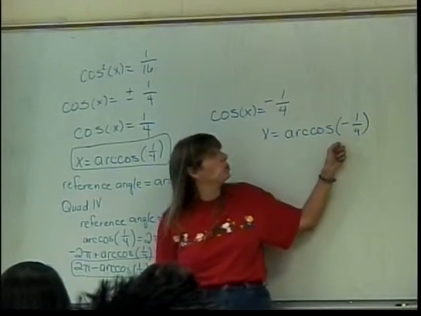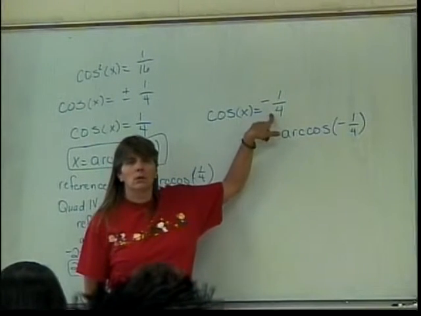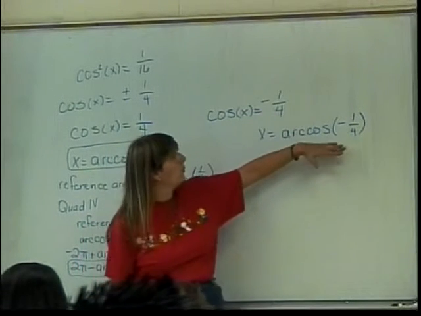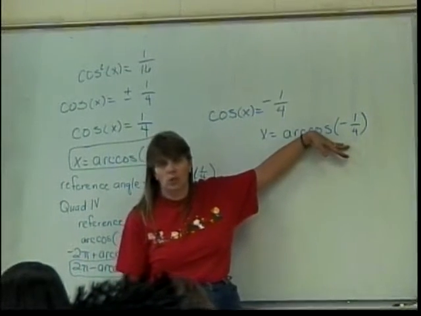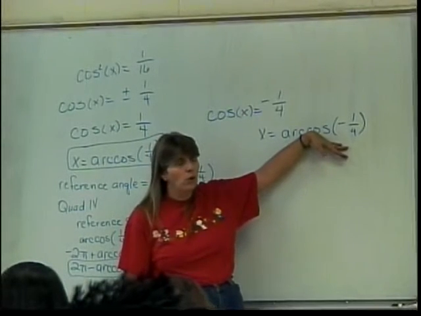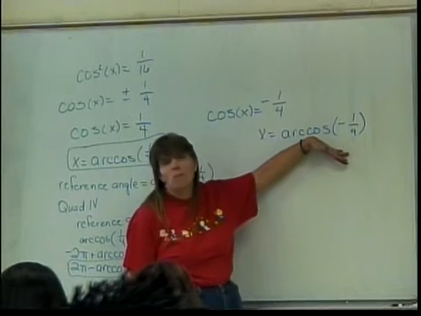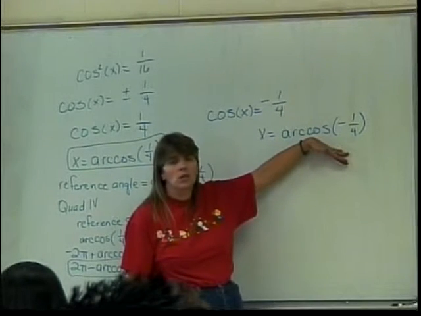Which one will produce cosine values that are negative? That'll be quadrant 2. So that's why we know this angle is in quadrant 2. Whatever its numerical value is, it's going to be a quadrant 2 value. We just need to know that it's in quadrant 2.